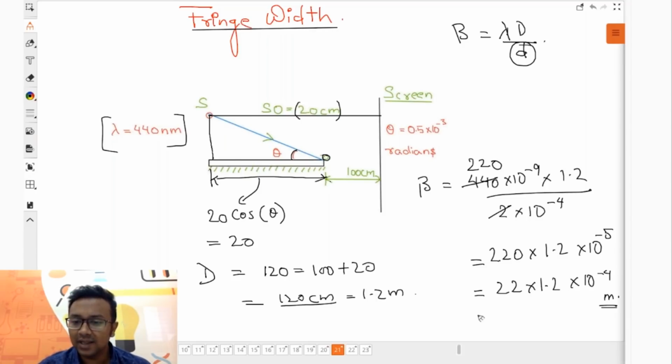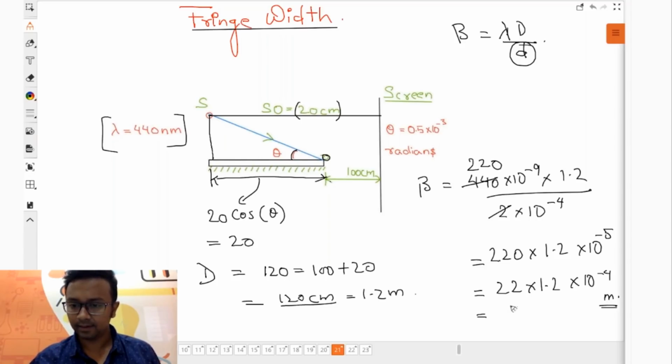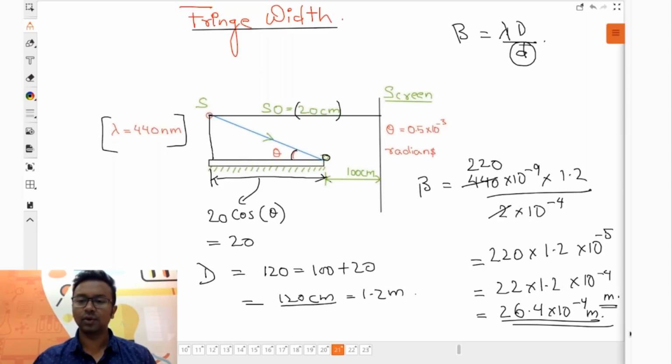If you solve it even further, you will get 264, so that's 26.4 into 10 to the power minus 4 meters.